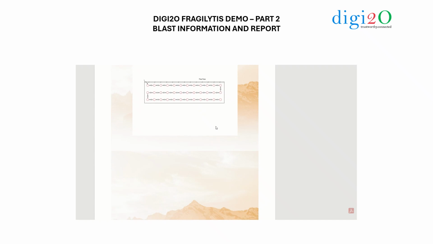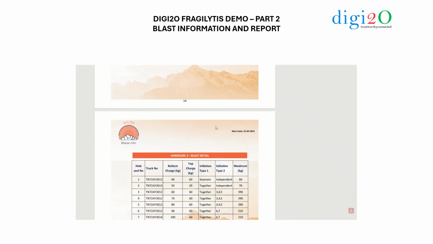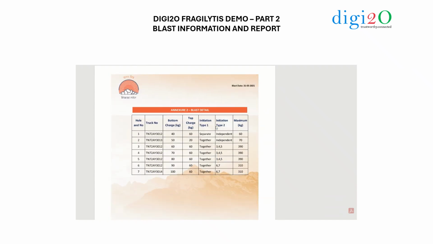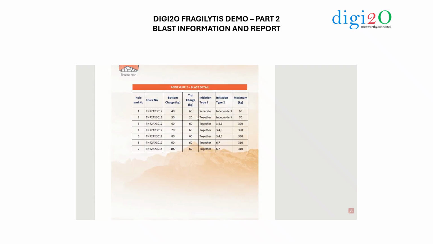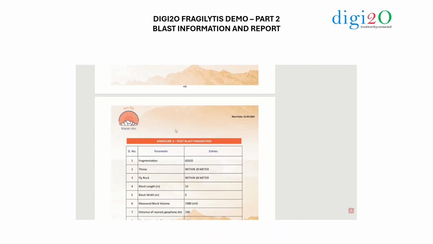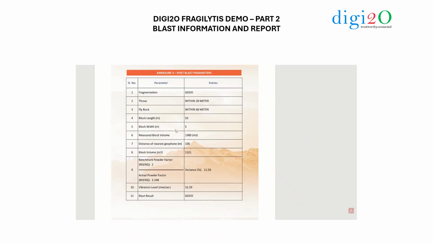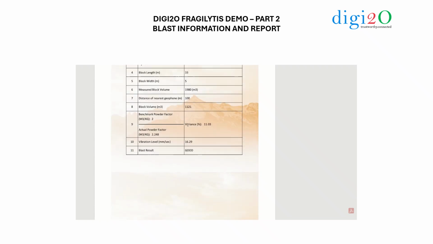You would recall that you have seen all of this being entered through the system earlier. You could see the truck number and all, it comes through everything. And with regard to the post-blast parameters, you can see all of this information that you saw there has been entered and is now visible in a report like this in a PDF.